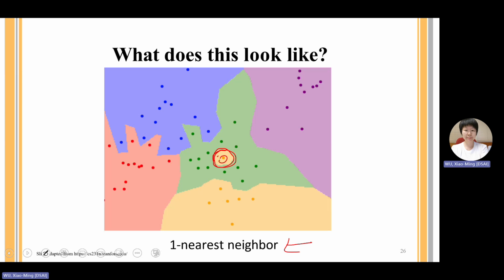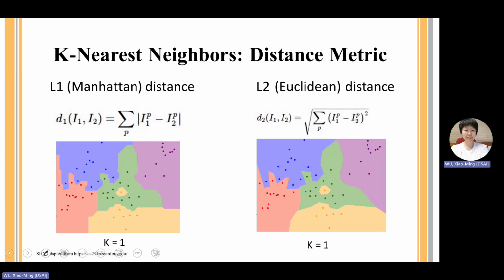Then what if we use, okay, this is L2 distance, L1 distance. As we said earlier, if we represent images in the form of vectors, we can calculate their L2 or Euclidean distance, or L1 or Manhattan distance.